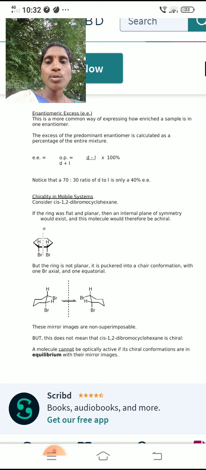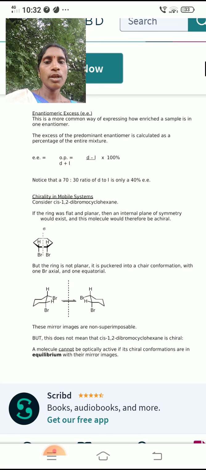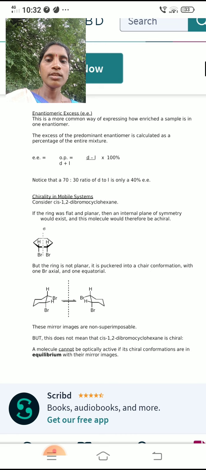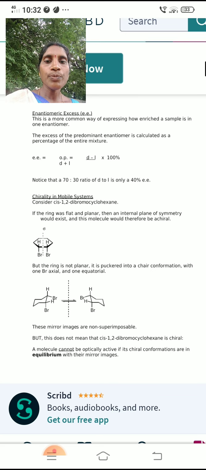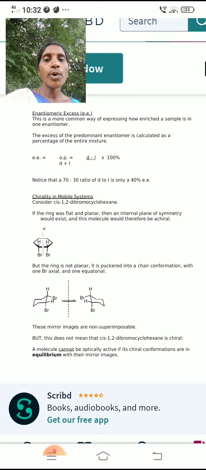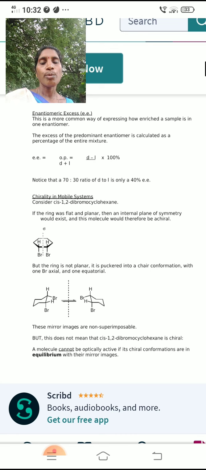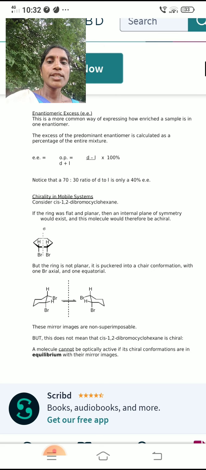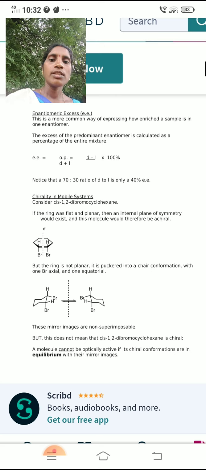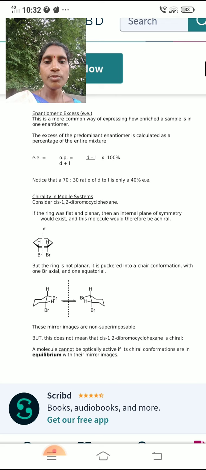EE equals D minus L, that is, dextro minus levo, divided by dextro plus levo, times 100%.